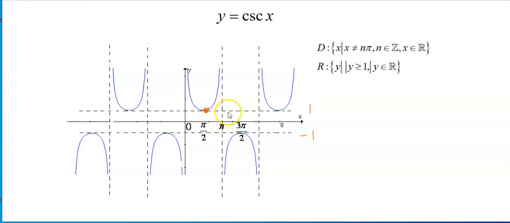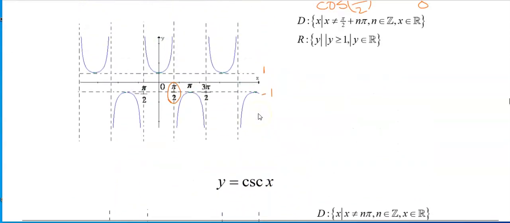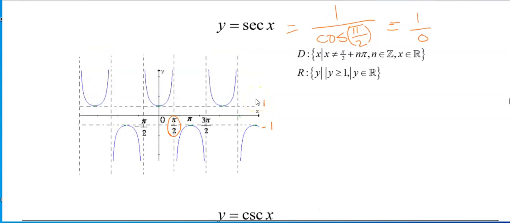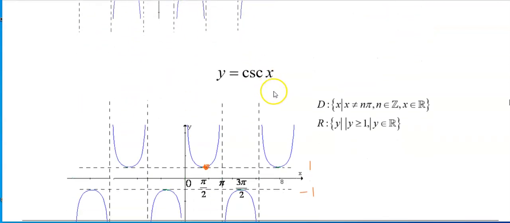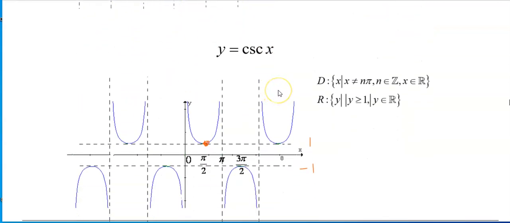So again, I'm not going to ask you to graph these. I do want you to be able to recognize them and differentiate between them. Probably the easiest way to remember the difference between the secant and the cosecant is that the secant actually has a y-intercept. Look, the secant actually goes through the point 0,1, but the cosecant does not go through the point 0,1.